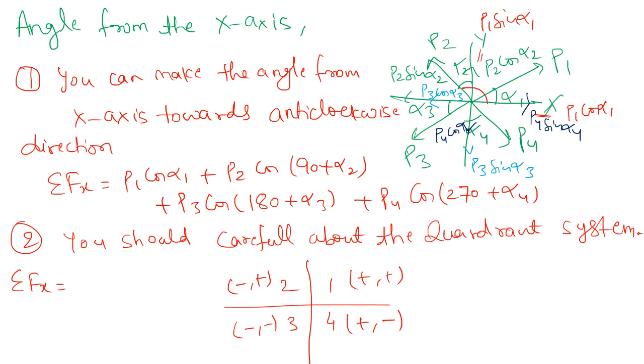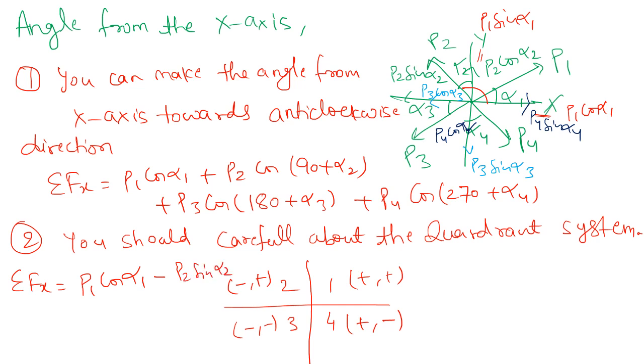Now we take care of the quadrant. In this case, first we consider only the horizontal component of the forces. So P1 cos alpha 1 is positive, and then along this axis, P2 sin alpha 2 should be negative, so minus P2 sin alpha 2.